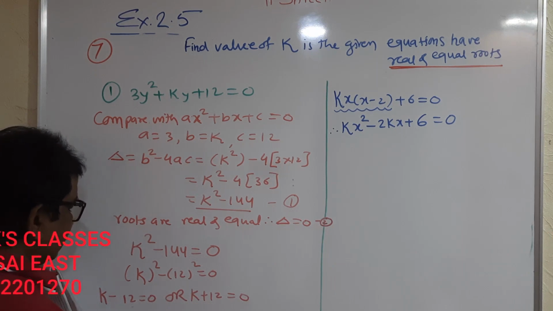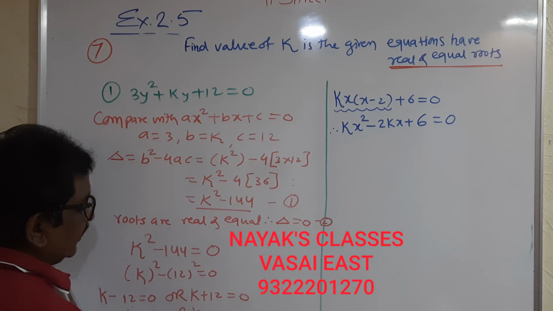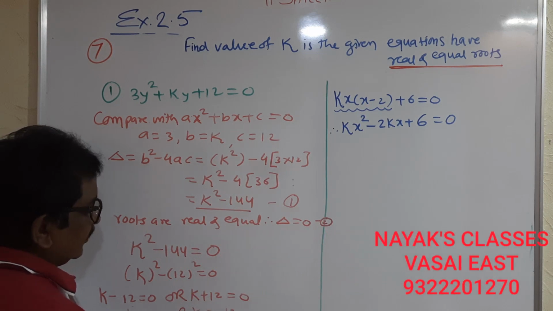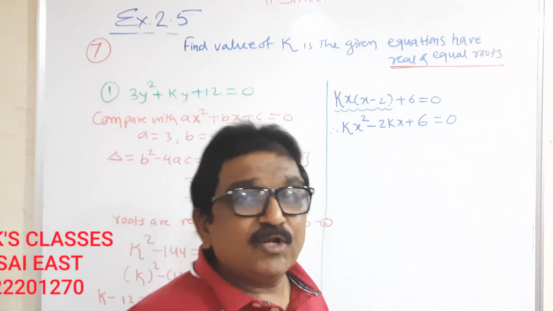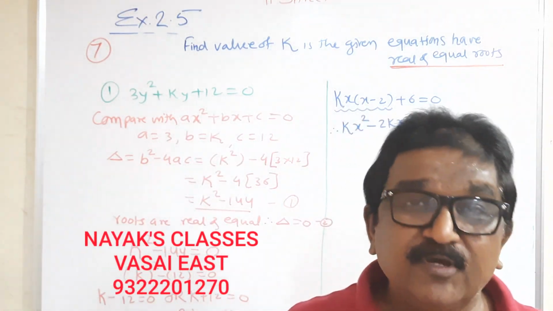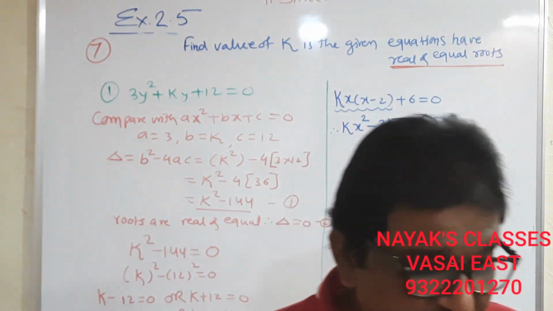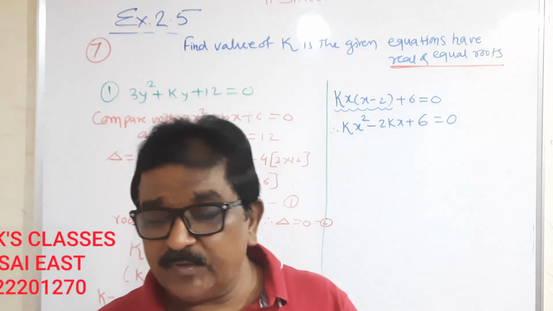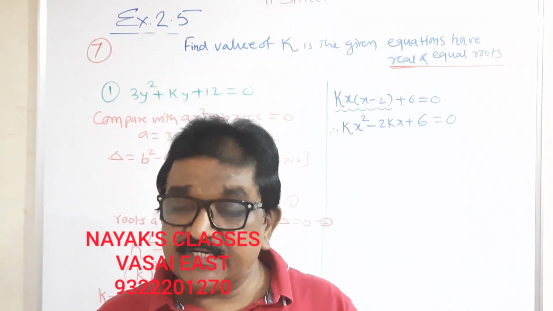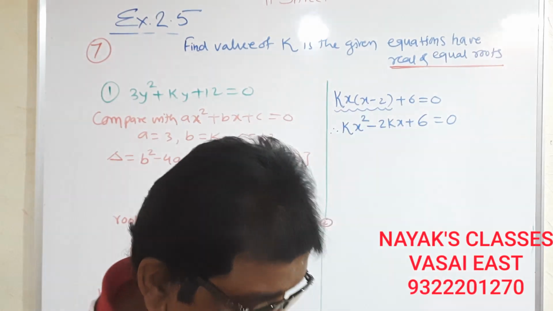So the final answer, k is equal to 12 or k is equal to minus 12. Minus 12 cannot be accepted because the values are real. You can see that everywhere you will get two values, where you have to reject the 0 value.